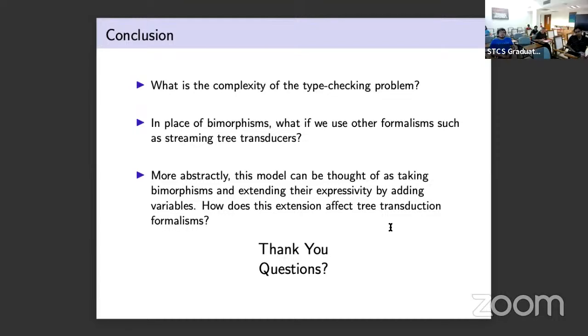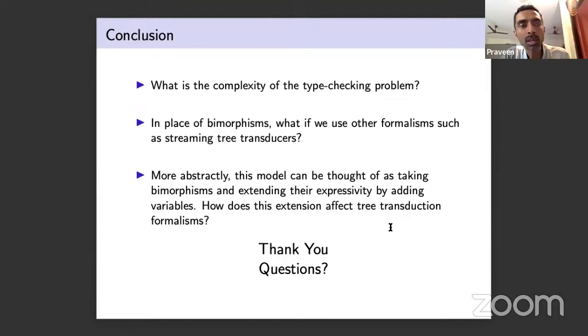Another thing that I kind of pushed under the carpet and did not explicitly mention is that we also have to simulate the seed language itself. We are running this automaton on the seed tree, so the seed tree must come from the seed language, which is itself given in the form of an automaton. So that automaton has to be simulated. So we already have to simulate these three automata.